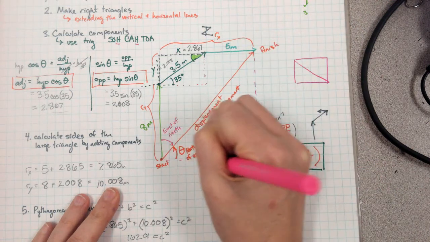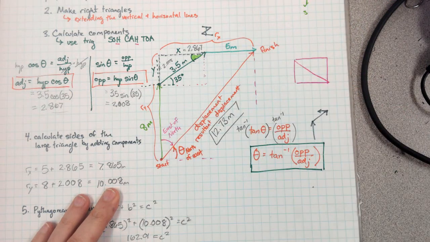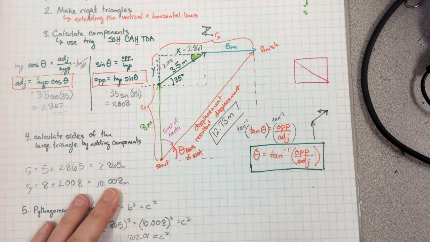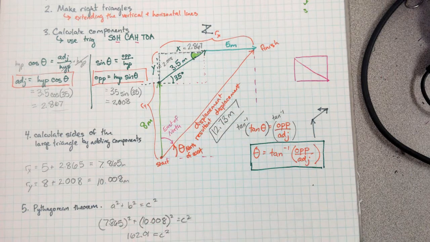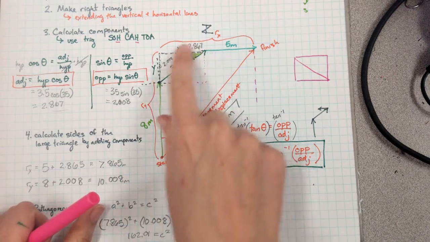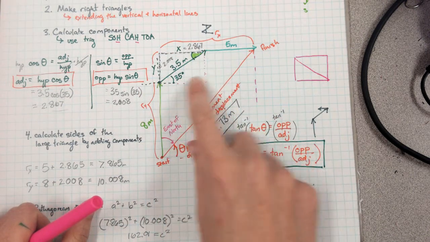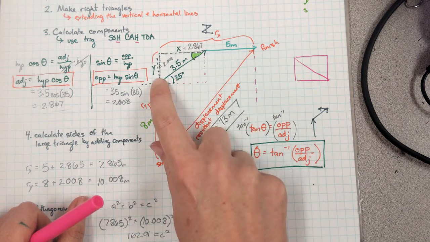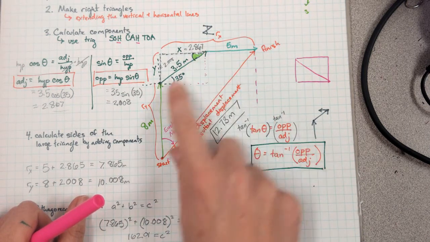Just like before where we said we could draw a whole rectangle. So just like over here, rather than having it be the outside triangle, we could have the inside triangle.